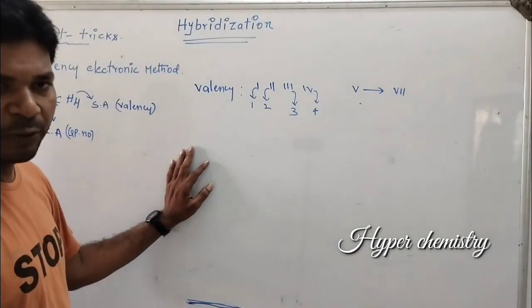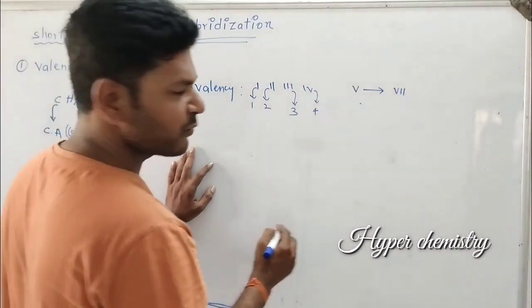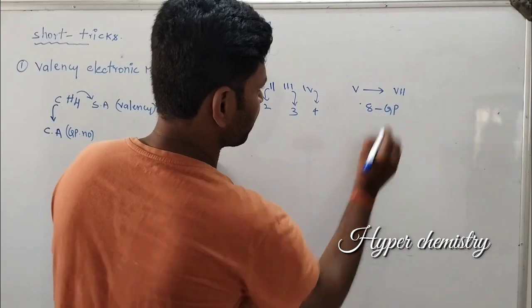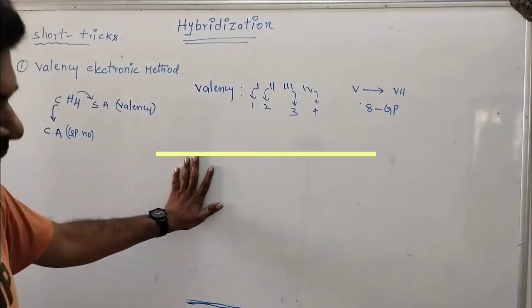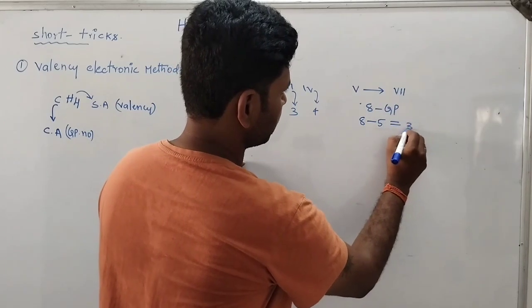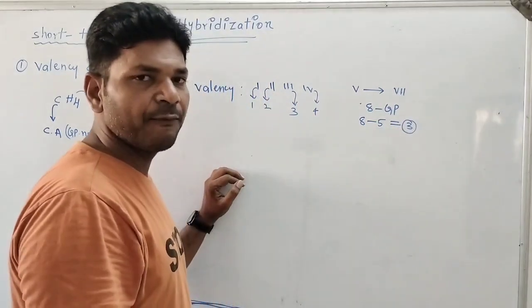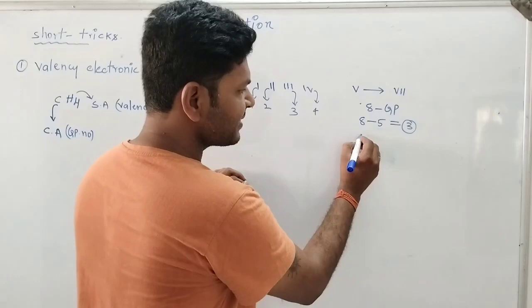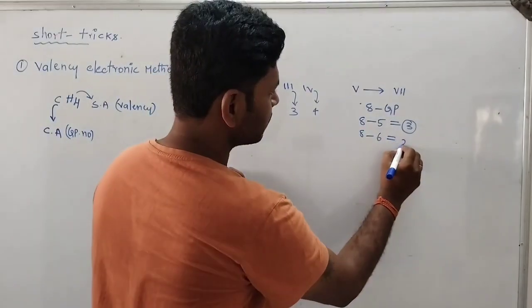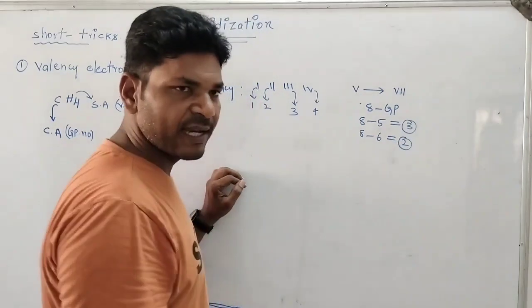Fifth group to seventh group, the valencies are equal to 8 minus group number. For example, 8 minus 5 equals 3. If it is a sixth group element, 2 valency.